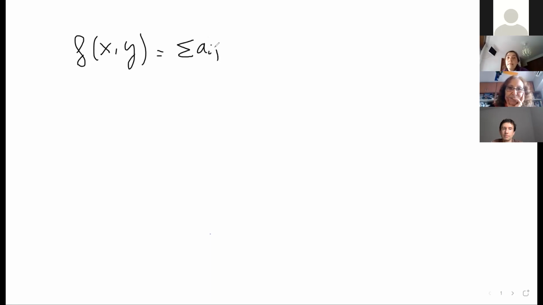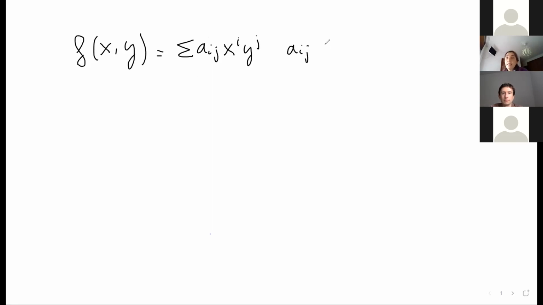In Newton's lemma, we start with a polynomial or a series in two variables. It's the sum of a_ij x^i y^j, where a_ij are in a characteristic zero, algebraically closed field.